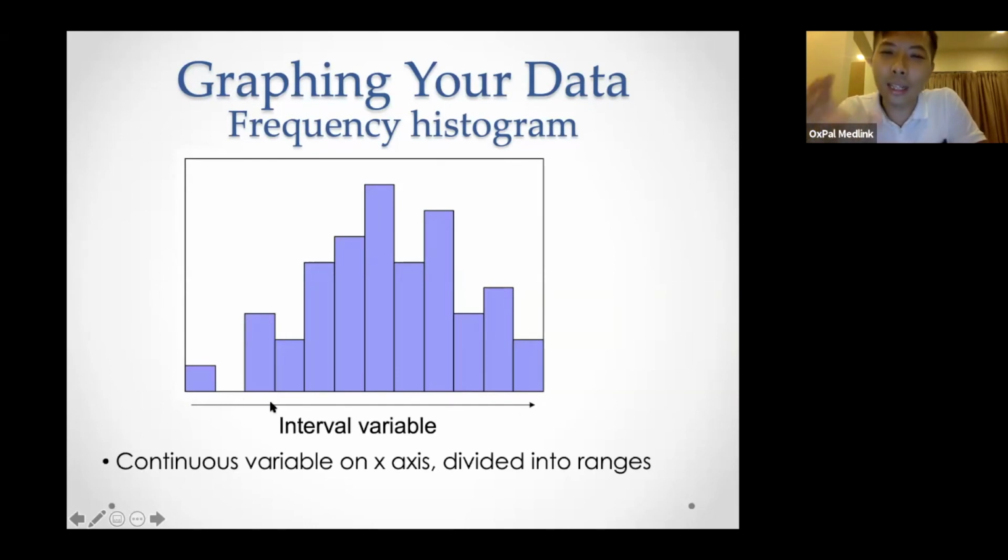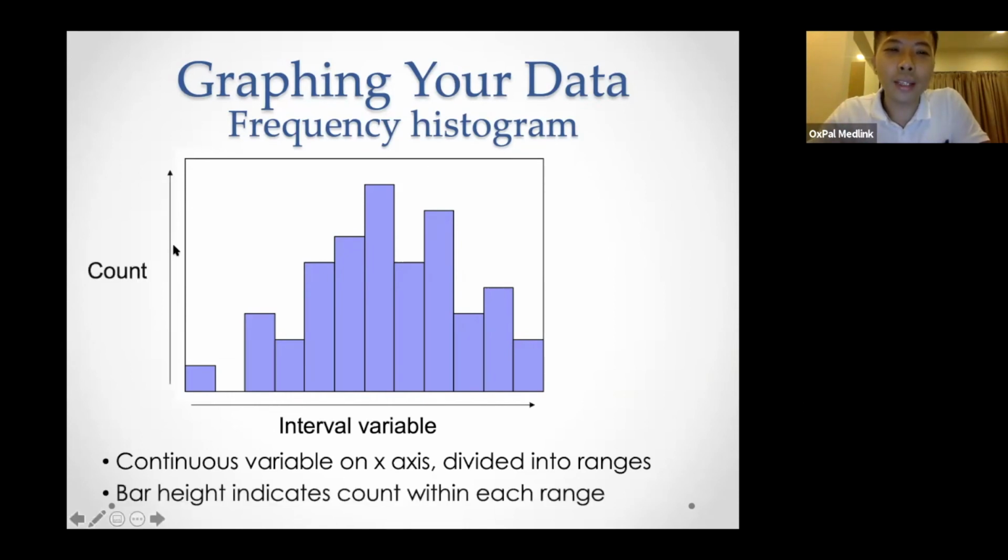Those are intervals that we classify ourselves. And on the y-axis, the bar height indicates count, or the number of individuals with that range of height. So we have, let's say here, 10 people between the height of 160 and 165, 0 people from 165 to 170. That's how we look at it.